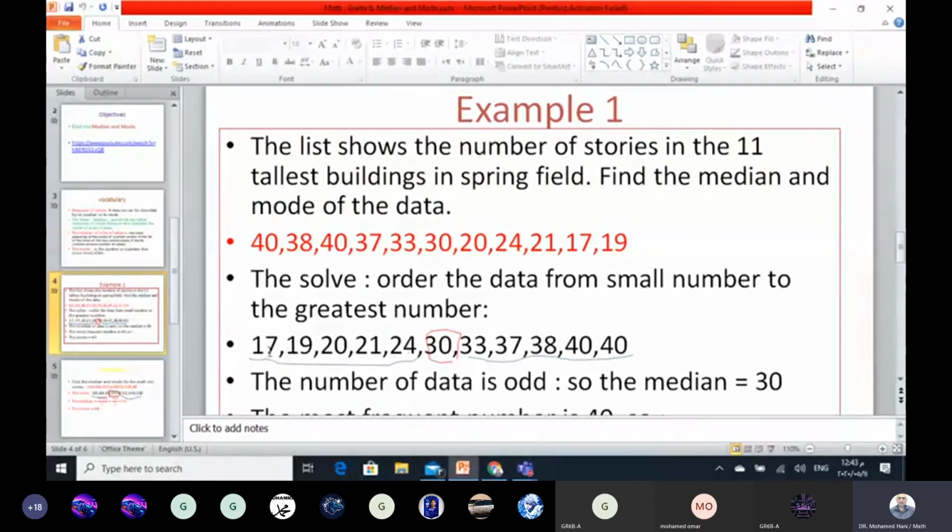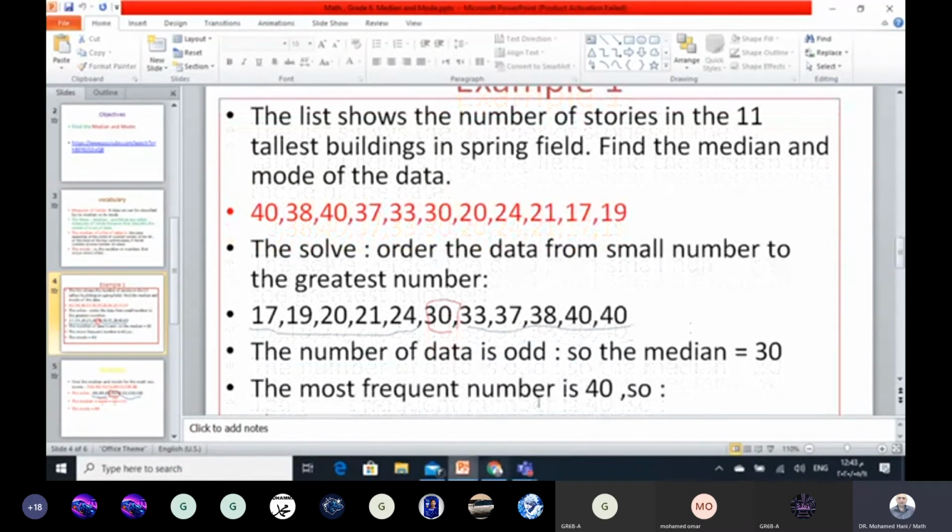Here, as you see, we have 15 numbers, so each side will be 5 numbers... you will find in the middle the 30. So the 30 is the median. And the mode, the most frequent or most repeated number, will be 40, because we have 40 2 times and each other number just 1 time. So the mode here will be 40.